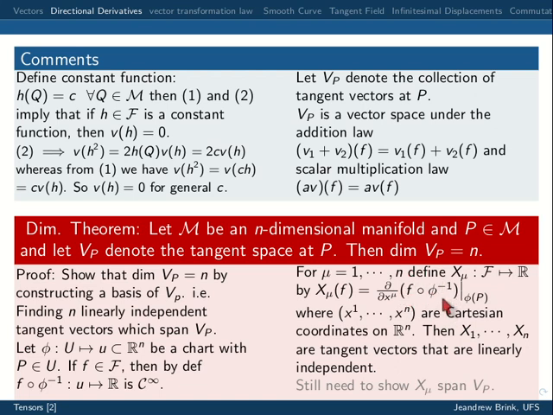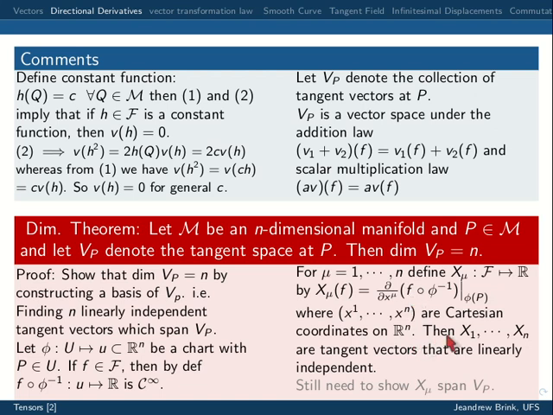So this function actually arrived at the same real value, and then what we did is let us examine how that value changes if we take partial derivatives with respect to the Cartesian coordinates on Rn. Okay, so we used the fact that we had a chart from the manifold to Rn to get the idea of partial derivatives with respect to the Cartesian coordinates on that Rn, and then we used those to make the basis for our directional derivative on the manifold. So it's a very clever construction, but it's rigorously correct.